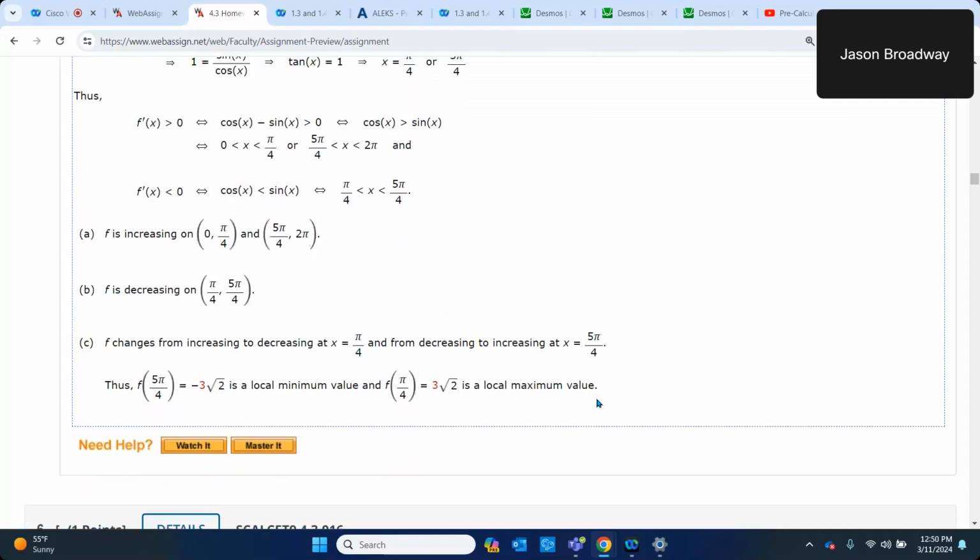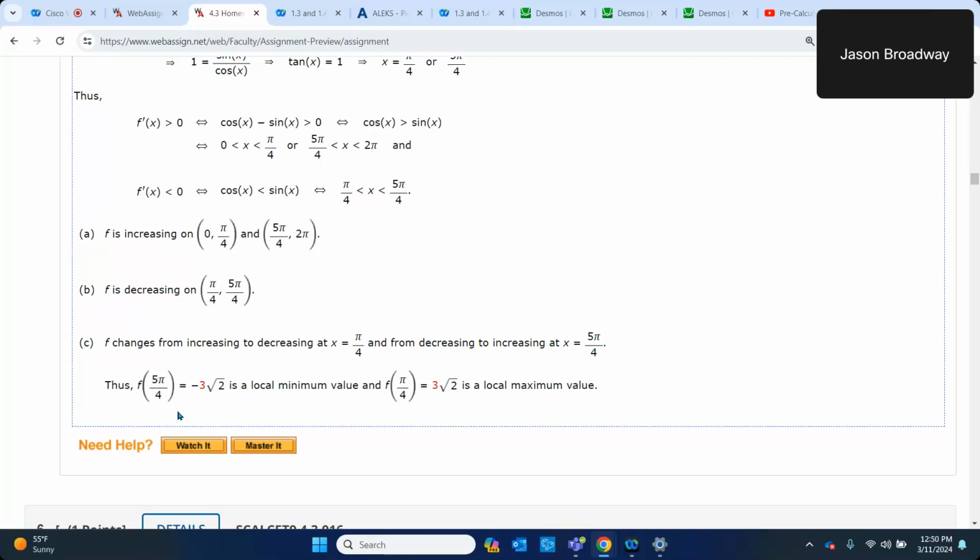Now, why should that make sense? It goes from increasing to decreasing because notice at pi quarter, to the left we were increasing. To the right, we start decreasing. So this makes sense. It better be that way, right? And analogously for 5 pi quarter.